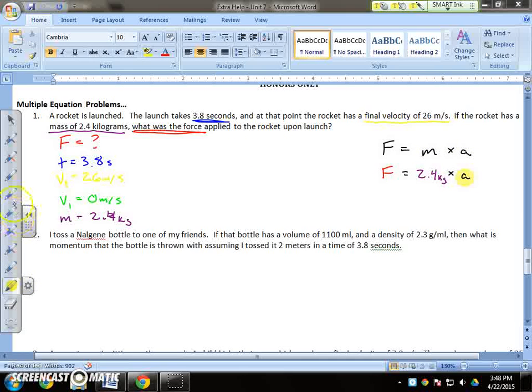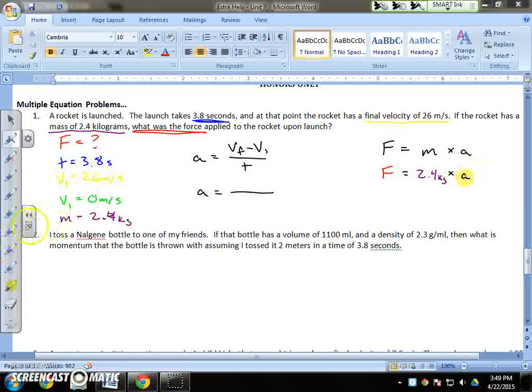Well, I've got a second equation based on VF, VI, and T that I could use: acceleration equals VF minus VI all over T. Plug some numbers in such that we could solve acceleration and then take that number and plug it in.